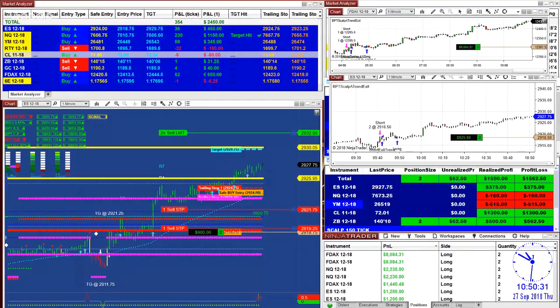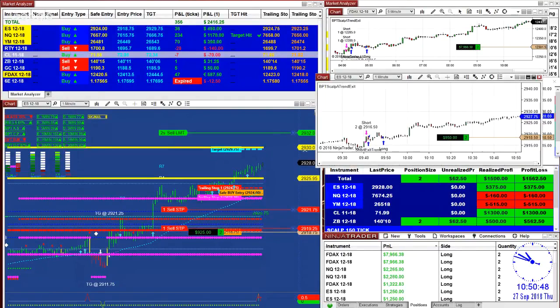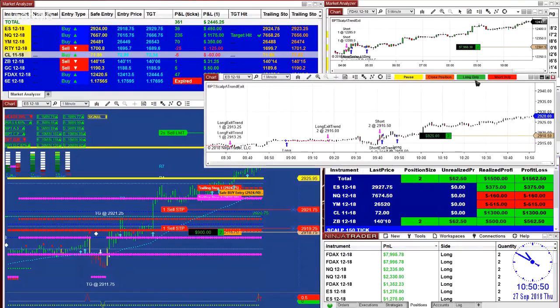David, let's see. How do you stop a long on an auto? Okay, very fair enough. David, if you are using the scalper or the swing trading, all of them have a button on the top.